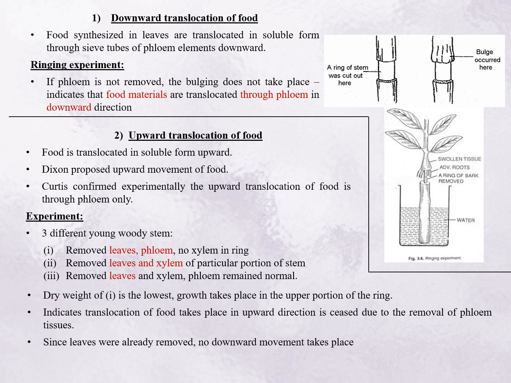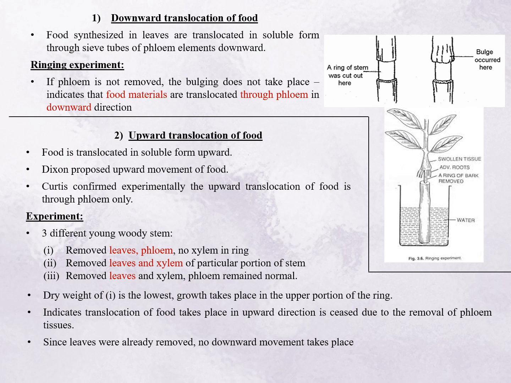Considering the other two plants, since phloem was present, it could translocate the food from root to other parts of the plant, and hence the plant had higher dry weight. But since the phloem was removed in the first case, it couldn't translocate the food material, and hence the dry weight was lowest.